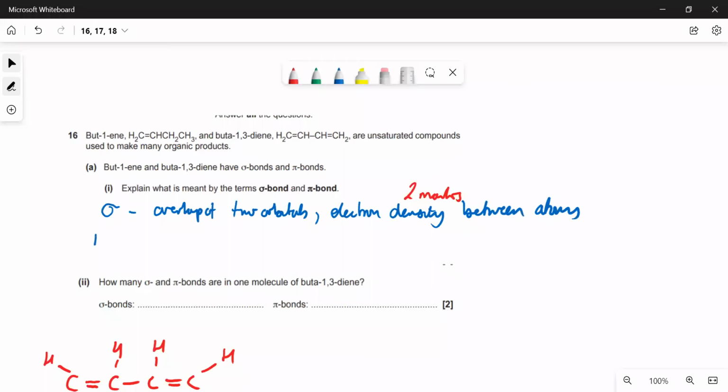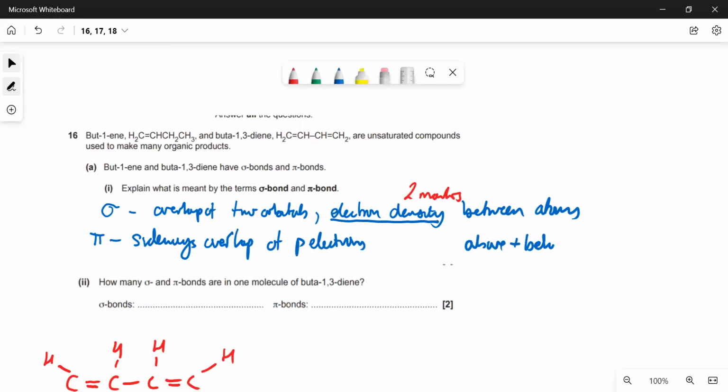Whereas the pi bond is formed by the sideways overlap of p electrons. And you don't get the electron density between the atoms, you get it above and below the carbon atoms.